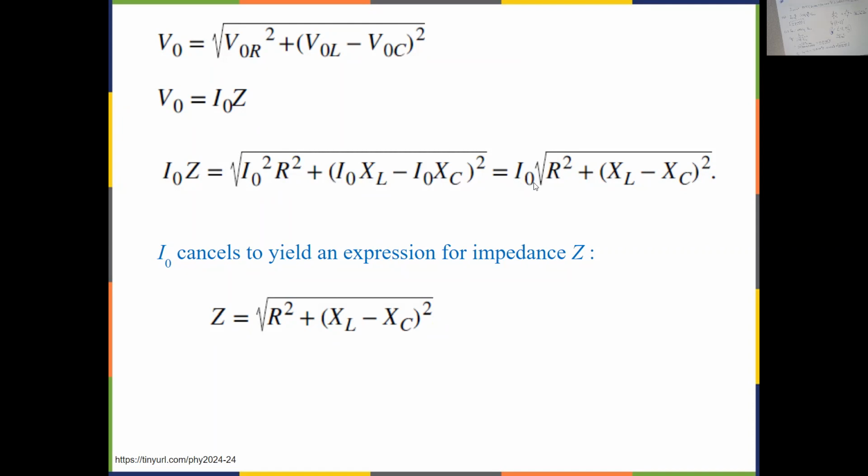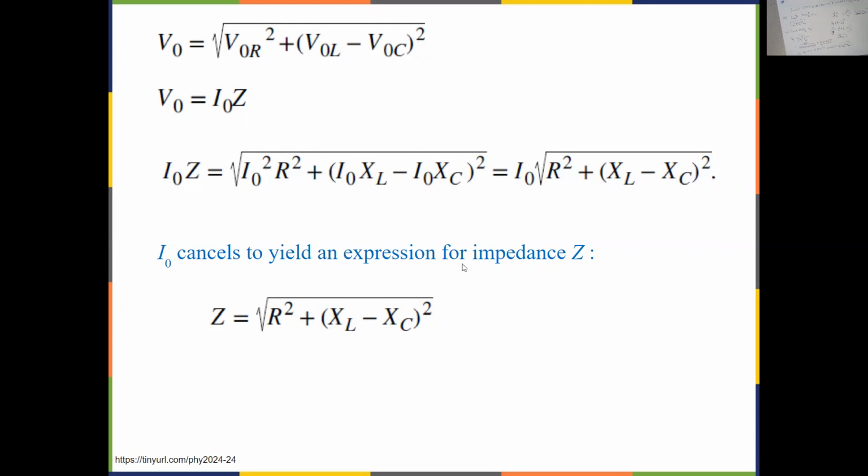It becomes I0 times the square root of R squared plus (XL minus XC) squared. Compare this to this, and you'll see I0 and I0 cancel out. So Z is equal to the square root of R squared plus (XL minus XC) squared.